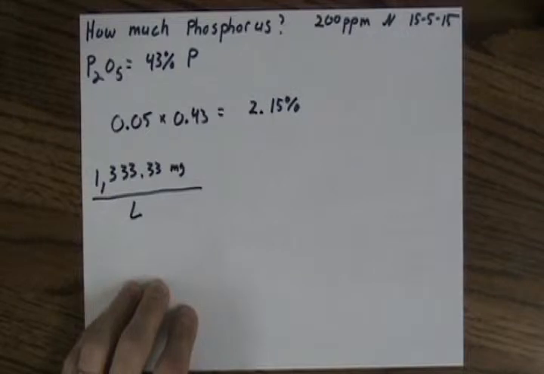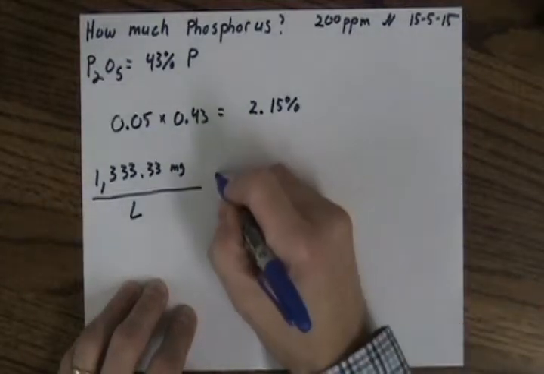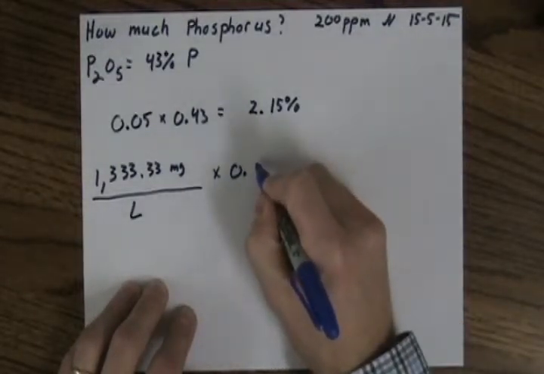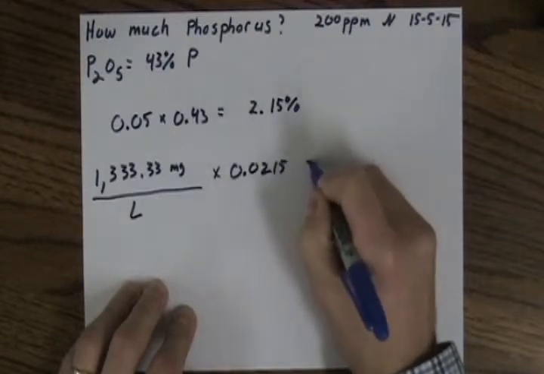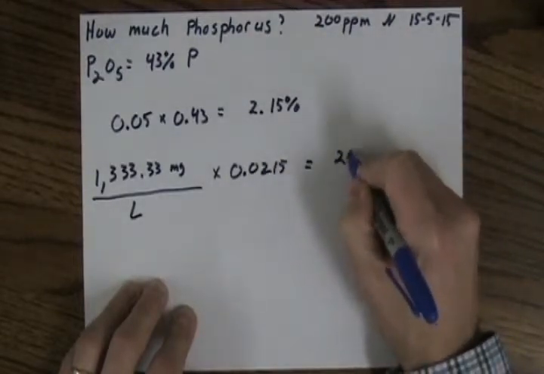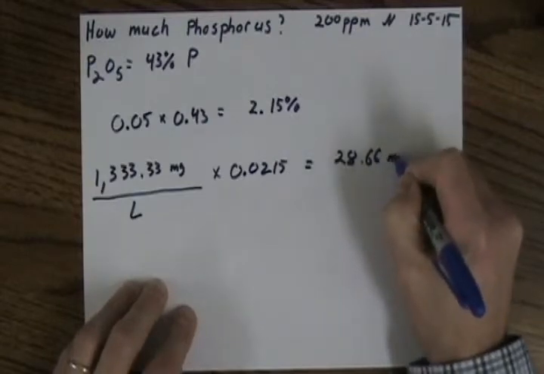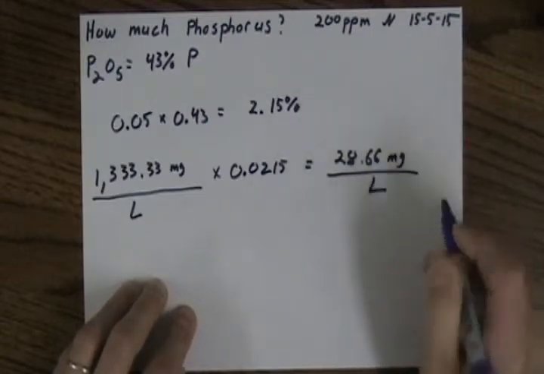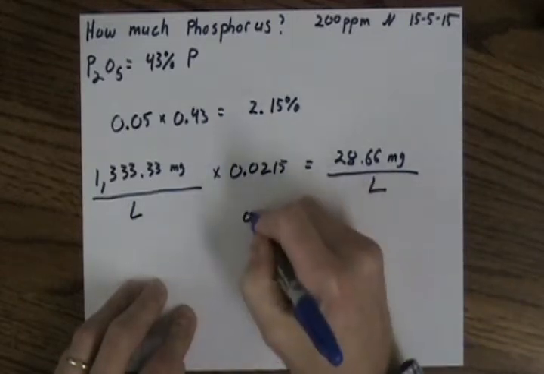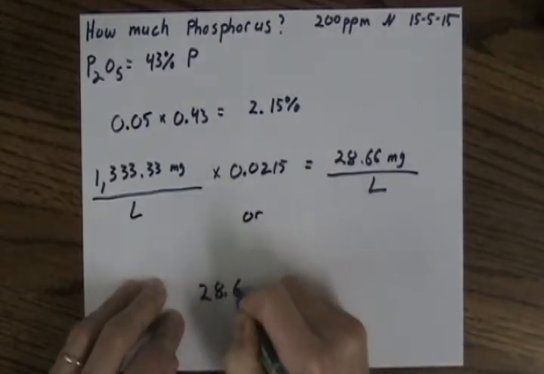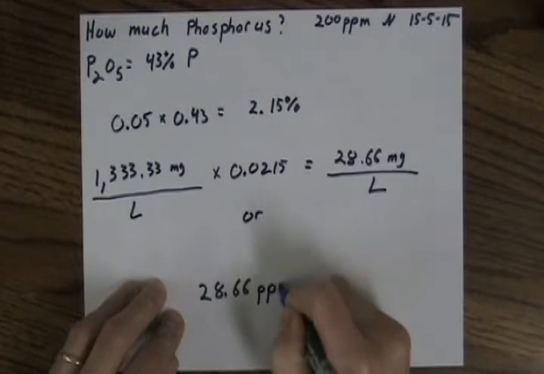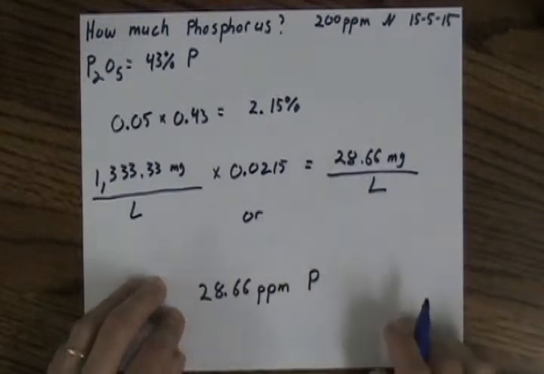So we're going to multiply 1,333.33 times 0.0215, and that equals 28.66 milligrams per liter, or 28.66 parts per million phosphorus.